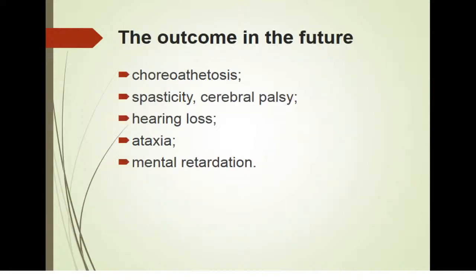The outcome in the future: choreoathetosis, spasticity, cerebral palsy, hearing loss, ataxia, and mental retardation.